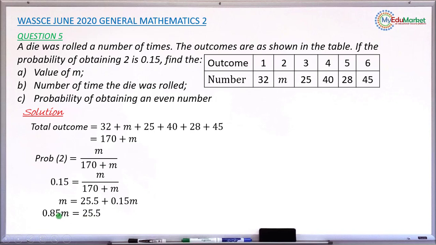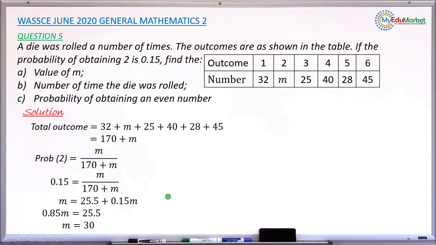Dividing both sides by 0.85 to get m, you have 25.5 divided by 0.85. If the division is done correctly, you have m as 30. So question A has been answered. The number of times 2 was shown on top is 30 times.